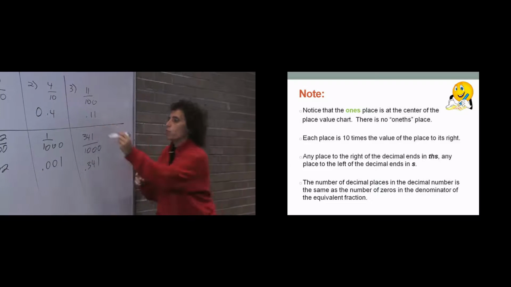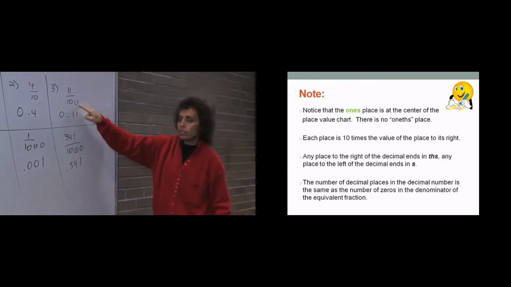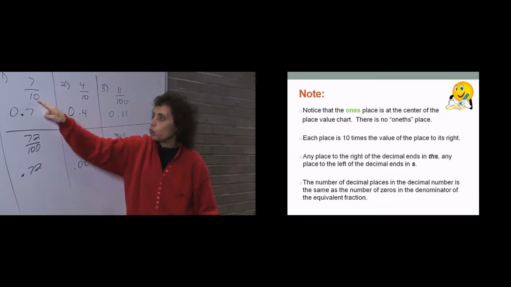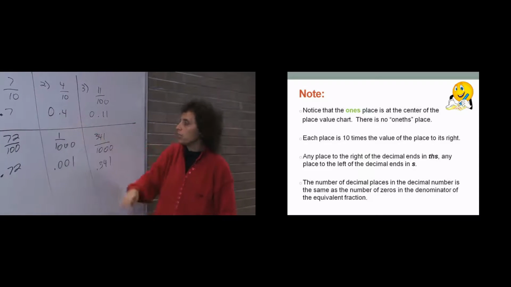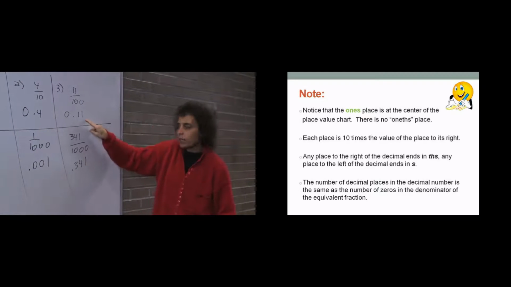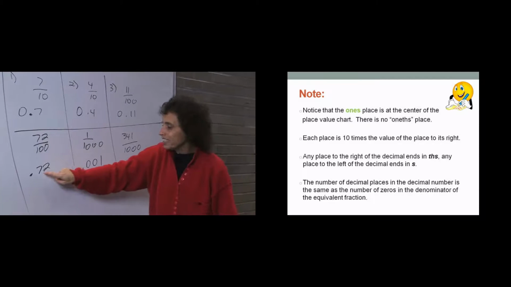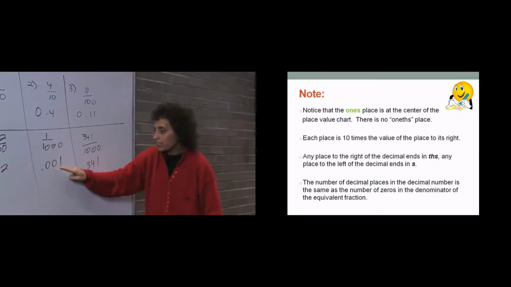And here, I could write a 0, and this would be tenths, hundredths. That's why it's hundredths. Notice there are as many places after the decimal as there are zeros. 1 zero, 1 place after the decimal. 2 zeros, 2 places after the decimal. Tenths, hundredths. 3 zeros, 3 places after the decimal.